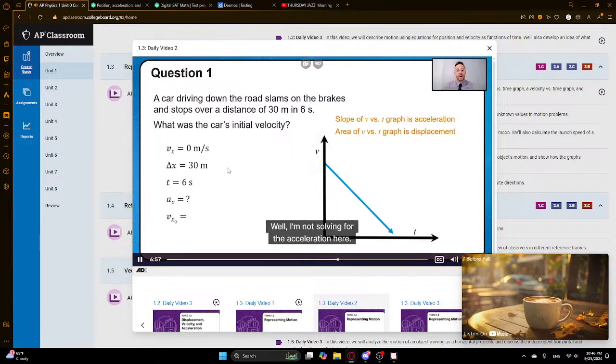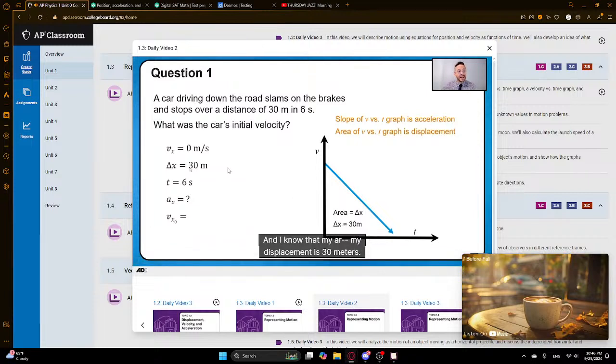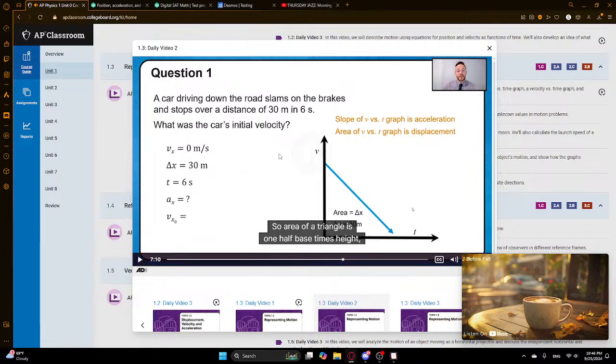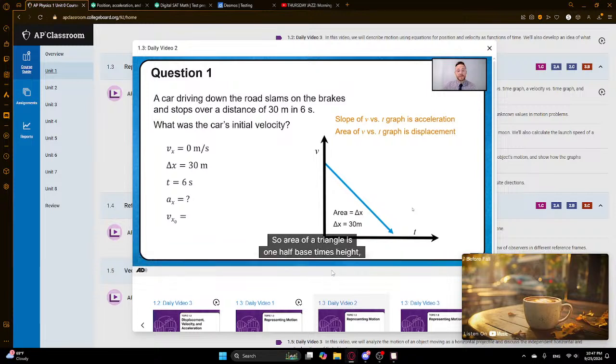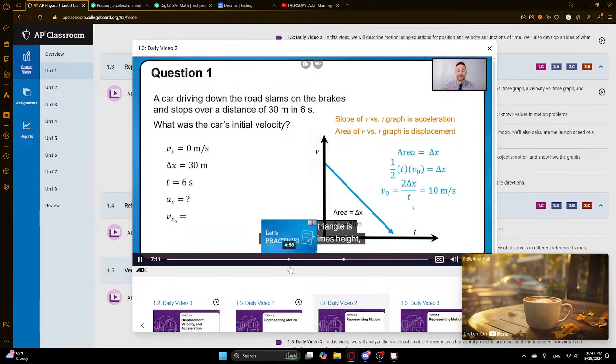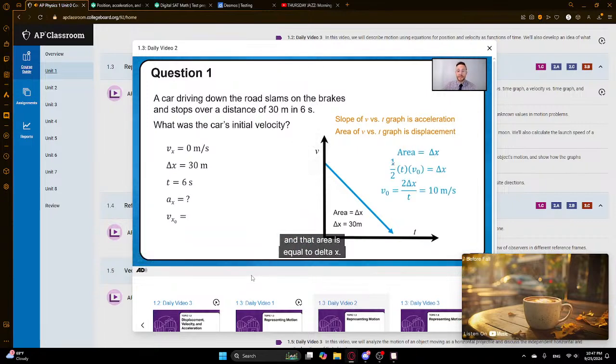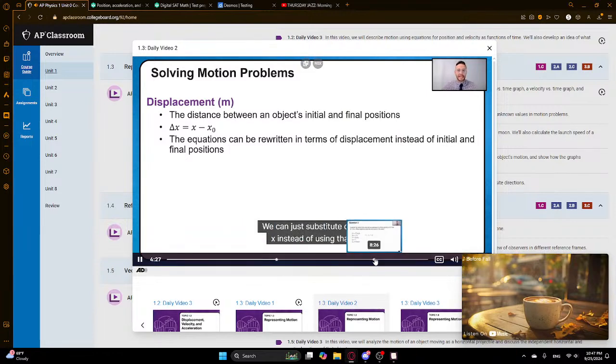So I'm going to use the area. I know the area is displacement, and I know that my displacement is 30 meters. So area equals position, position equals 30 meters. Area of a triangle is 1/2 base times height, and that area is equal to delta x. Oh, so I can just substitute delta x instead of using that.